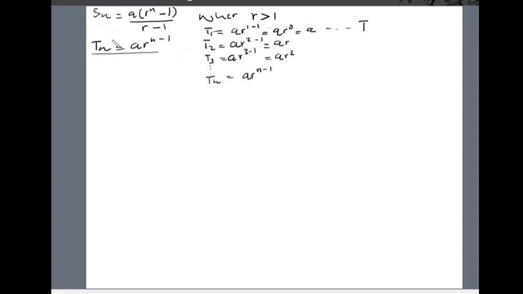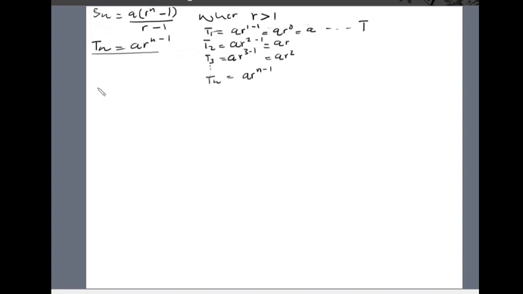Right? So when you're proving, you have to start from first principles, without having this formula as a times (r to the power n minus 1) divided by r minus 1. What is the definition of Sn?